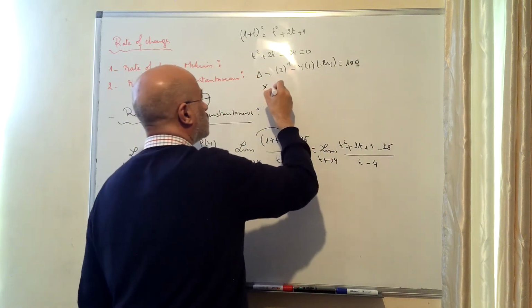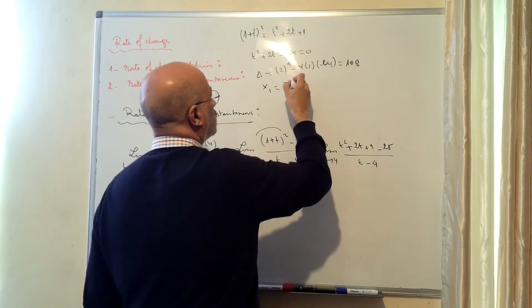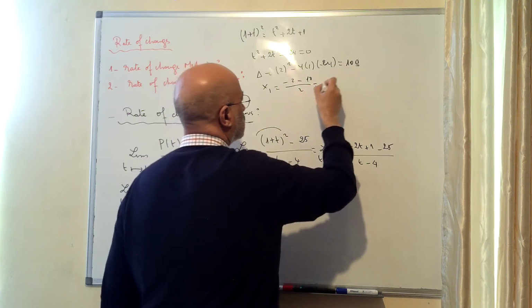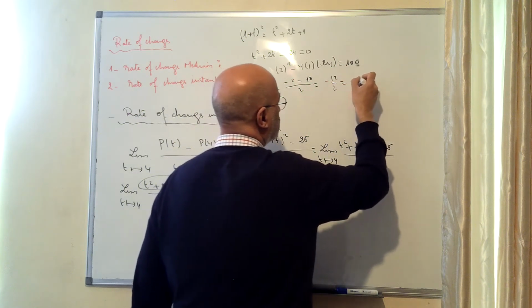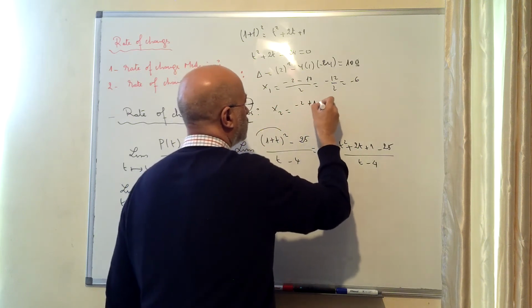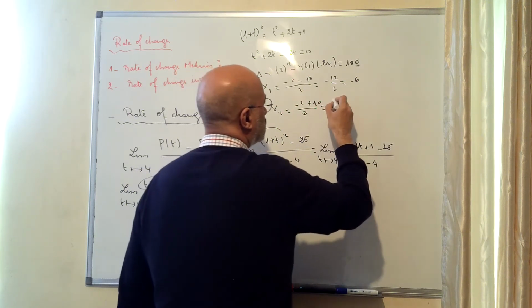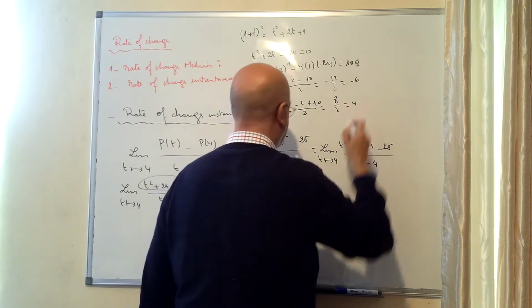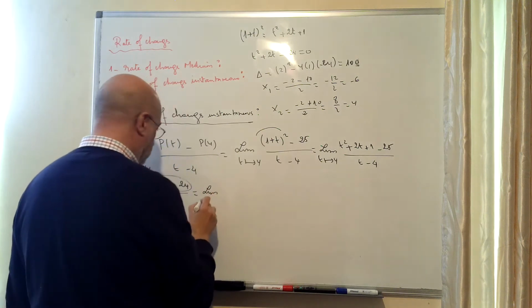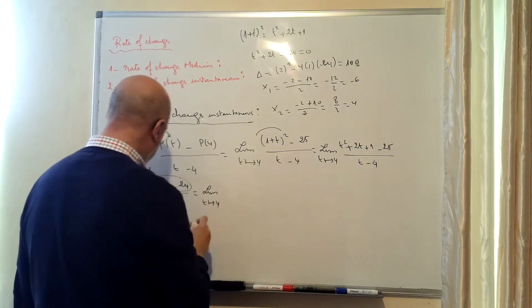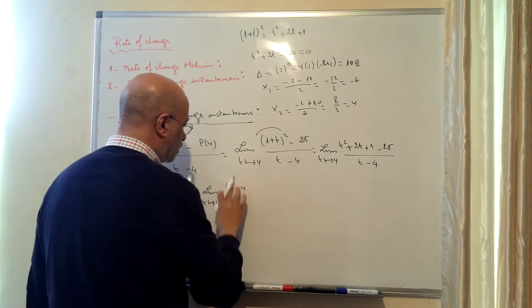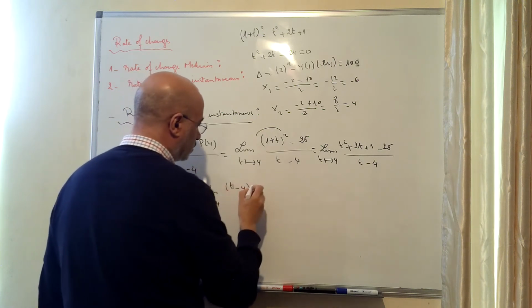But x1 is (minus 2 minus 10) over 2, which is minus 12 over 2, so minus 6. x2 is (minus 2 plus 10) over 2, which is 8 over 2, so 4. So our equation now is the limit when t tends to 4 of (t minus 4)(t plus 6) over (t minus 4).